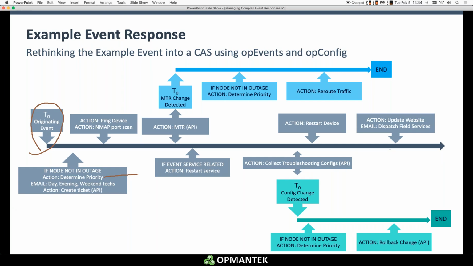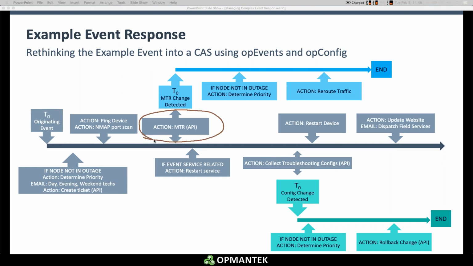You can recalculate things like emails, creating tickets, pinging devices. And again, each of the results of each of these could be looked at and ascertained, and then other events could be called or created. A perfect example of that concept is right here, where the system calls opConfig and does an MTR.